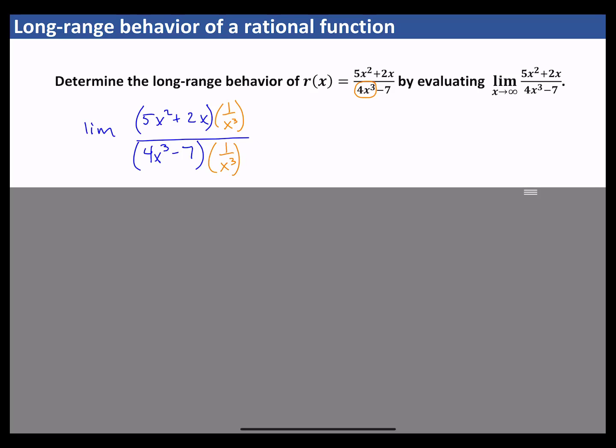And we can always multiply the numerator and denominator by the same quantity because that's essentially just like multiplying by 1. All right, so we're looking at the limit as x increases without bound here.